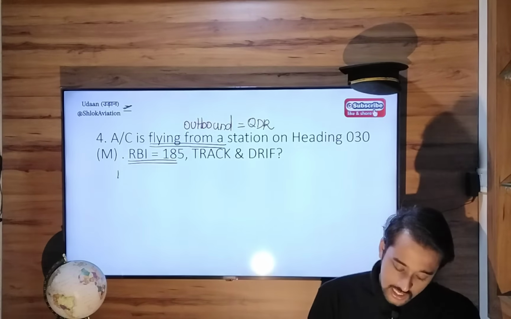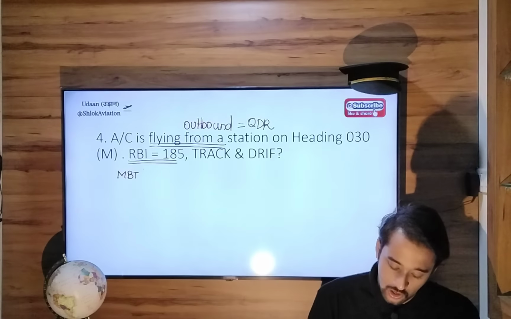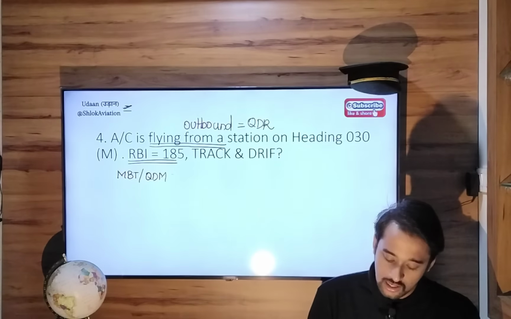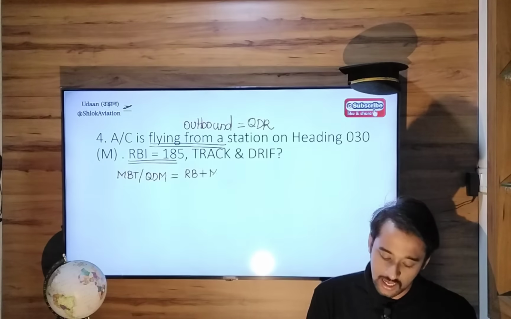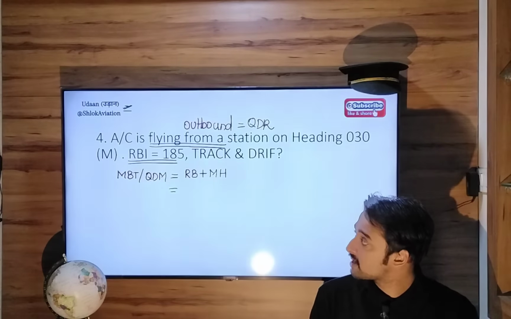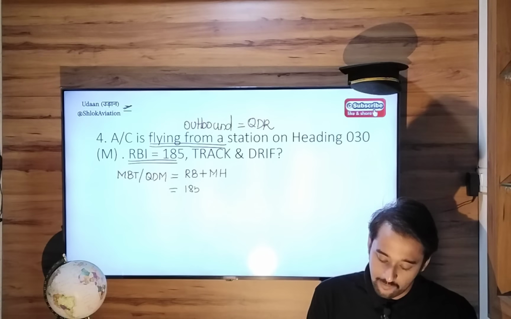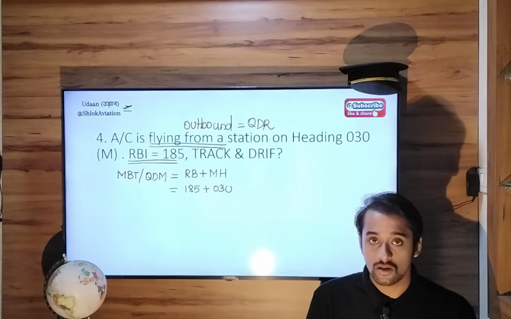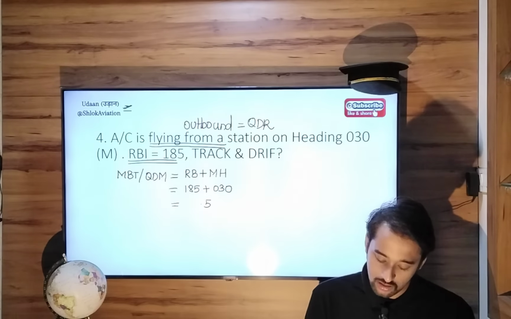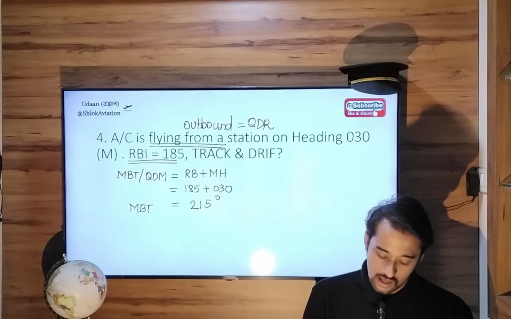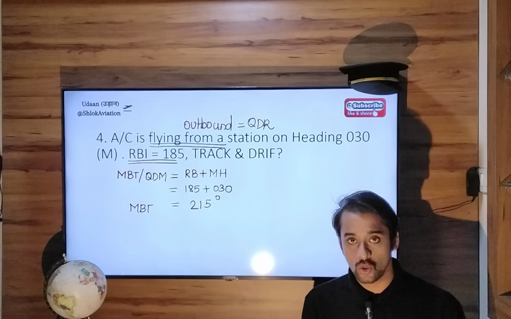Now the formula states that magnetic bearing to the station, or QDM, is nothing but the addition of relative bearing and magnetic heading. So relative bearing is 185, magnetic heading is 030. The sum total will be 215 degrees. So magnetic bearing to the station is 215.